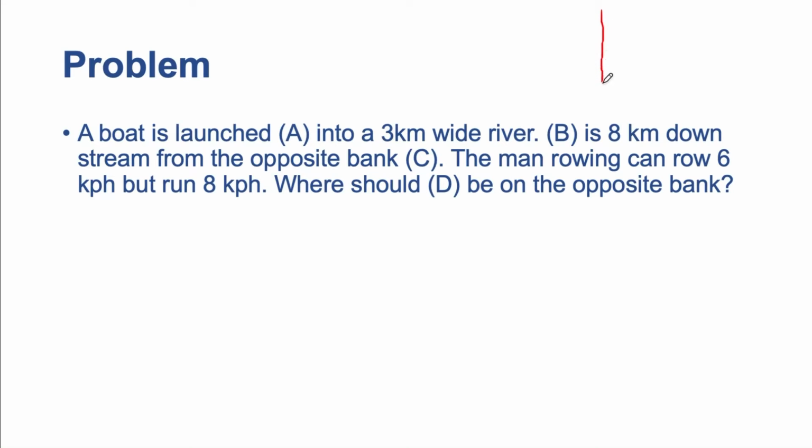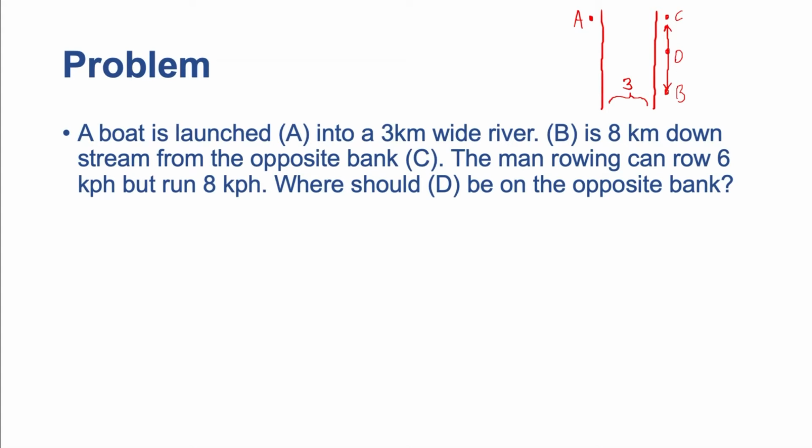I think a picture is going to be helpful. So why don't we draw the riverbank? We're going to have a distance here of 3, so we have 3 kilometers there. And we're going to have point A here. And then we're going to have point C here, and point B is going to be here. And then point D is going to be somewhere along this area here.